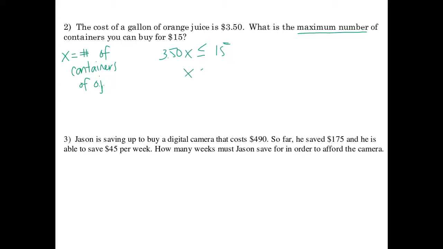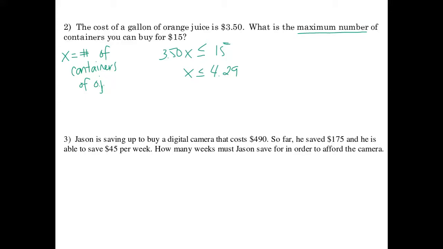And this brings us to our first point with word problems that we're going to run into. When I do the division, maybe you did this and we're a little concerned, I don't get a whole number. I'm getting about 4.29. So what does that mean? Well, because when you go to the grocery store, you can't buy 0.29 containers of orange juice, what that's telling us is that when we phrase this, we're going to use a whole number to represent the number of containers, because that's how we purchase orange juice.